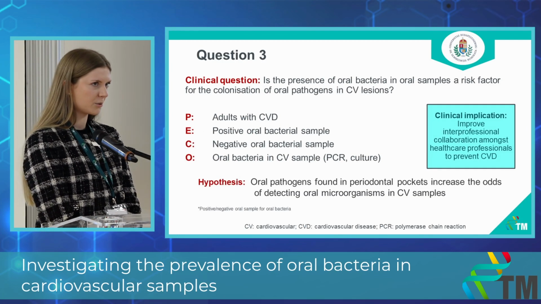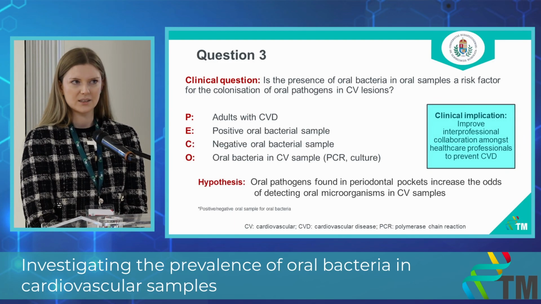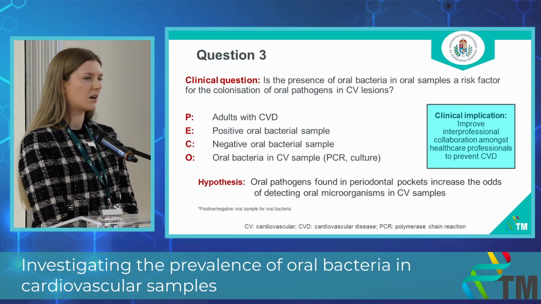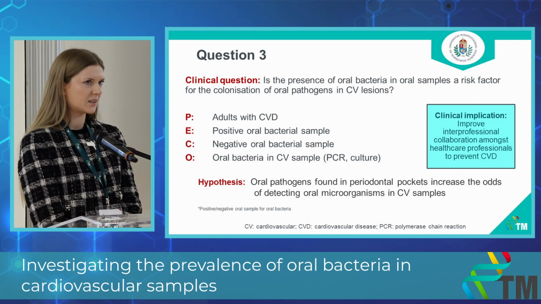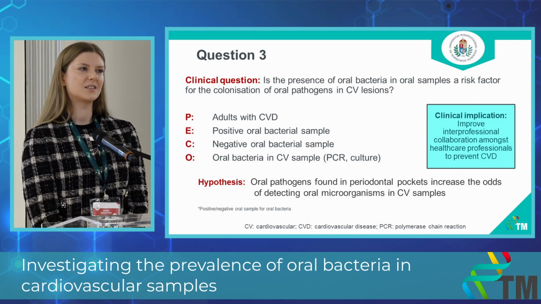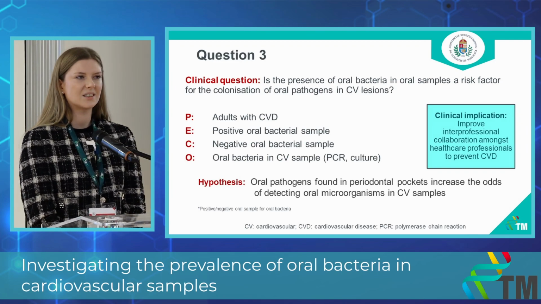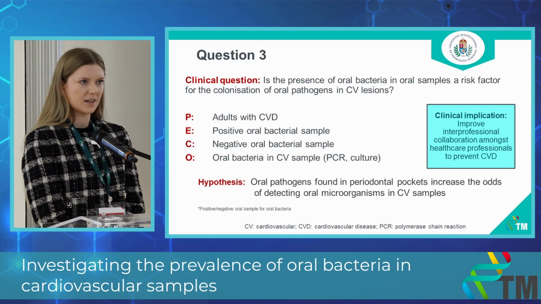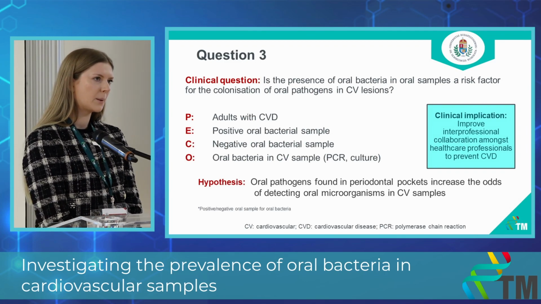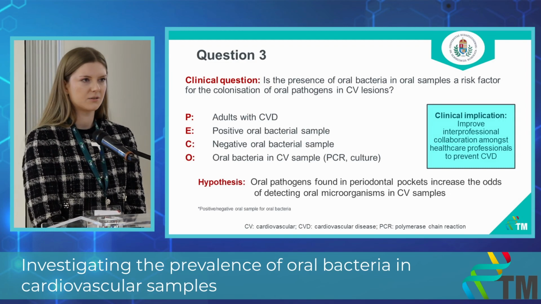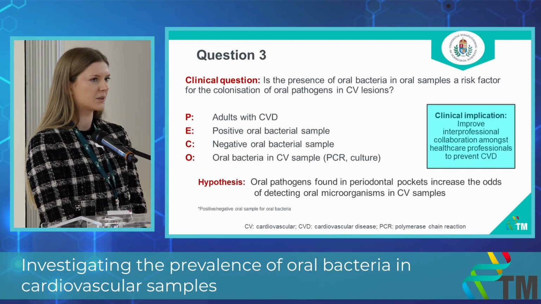And my final clinical question: is the presence of oral bacteria in oral samples a risk for the colonization of oral pathogens in cardiovascular lesions? Our population is adults with cardiovascular disease. We have a positive or negative bacterial sample, and we would like to check the oral bacteria in the cardiovascular sample by PCR and culturing methods.